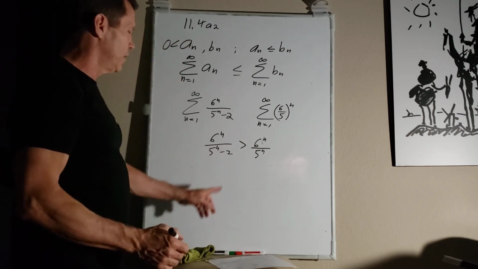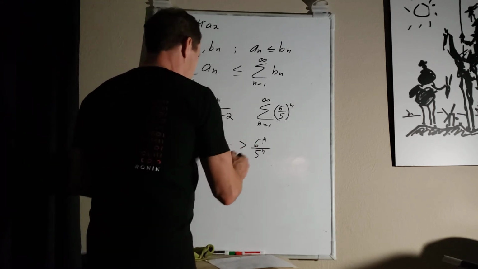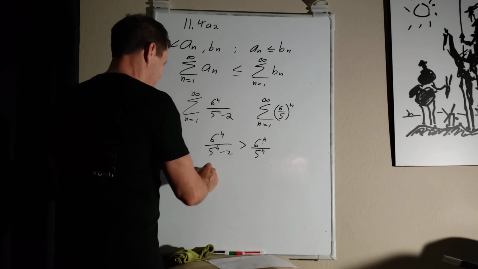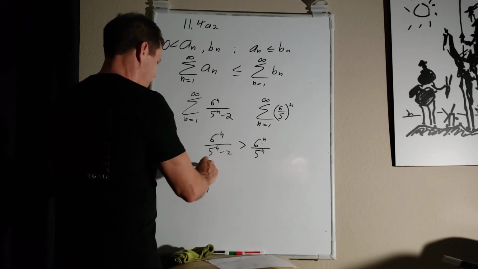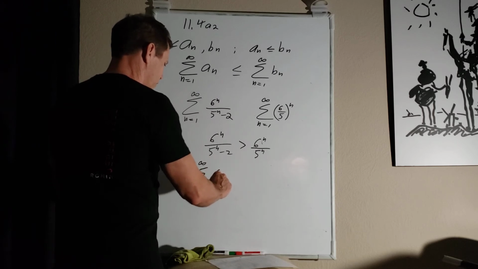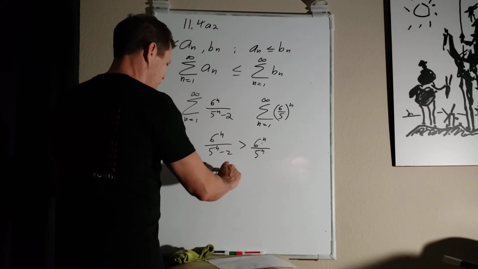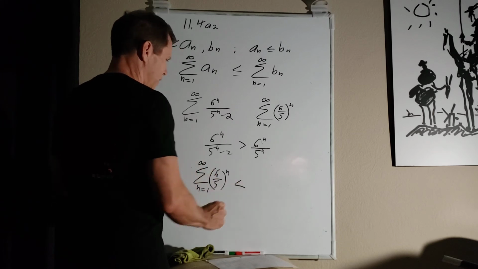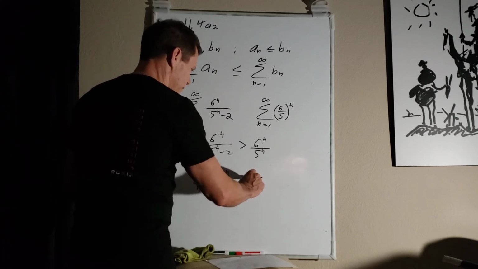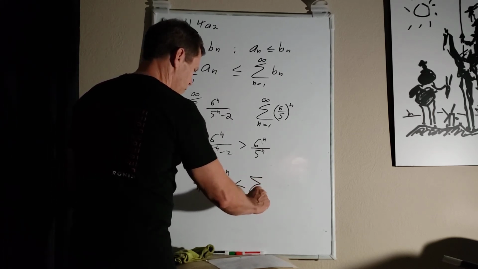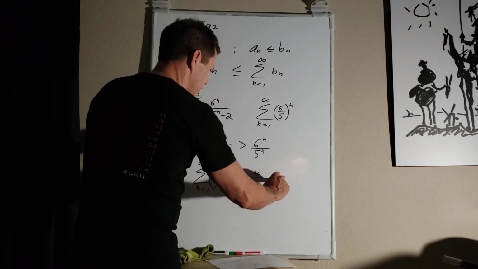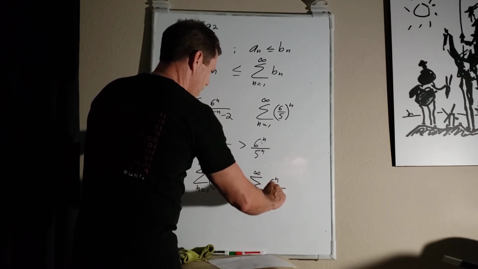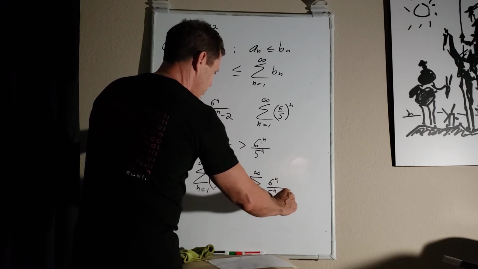So I do know that the summation n equals 1 to infinity of 6 over 5 to the n is less than the summation n equals 1 to infinity of 6 to the n over 5 to the n minus 2.